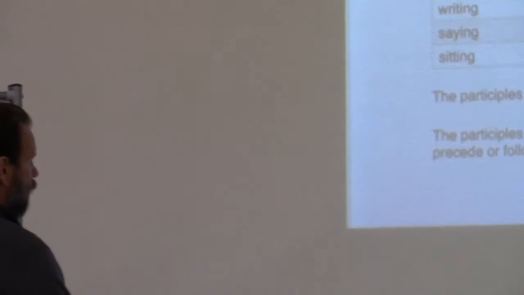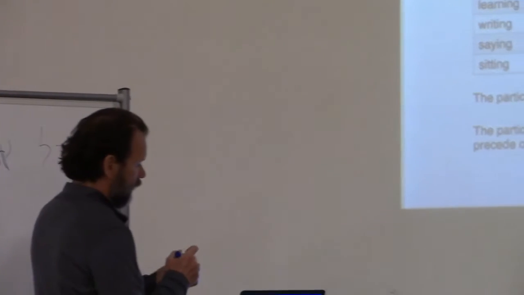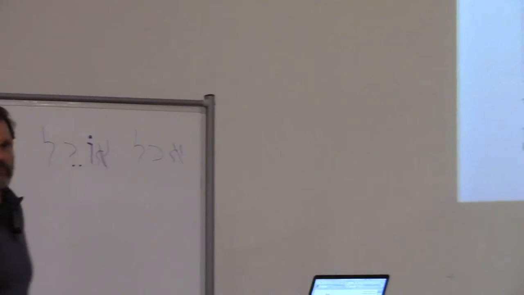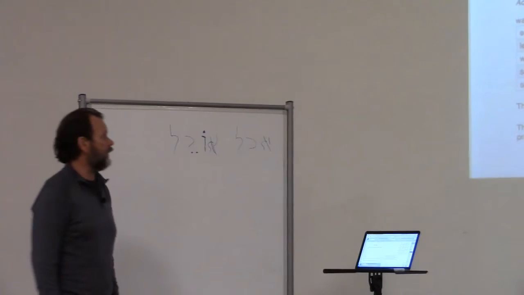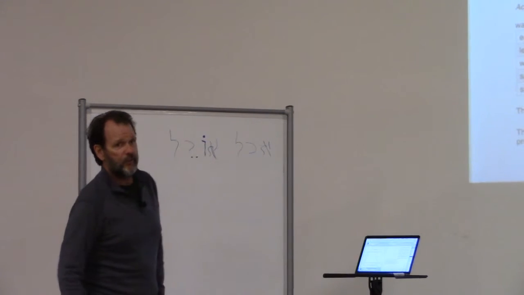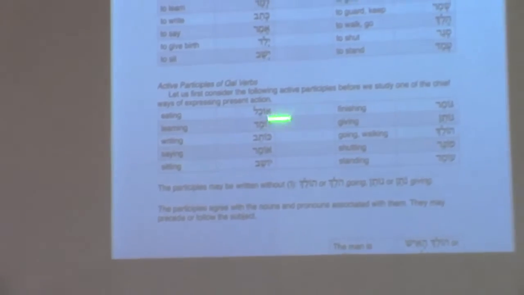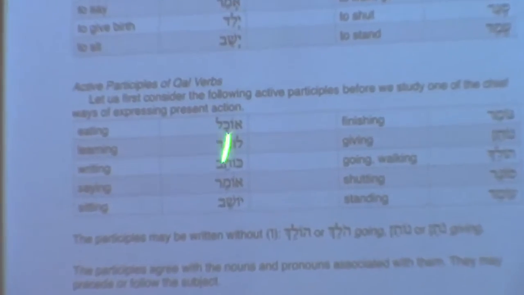That's what we're going to do with every word as we go along. That's really all this lecture is about, just learning how to do the active participle, and the best way is starting with your verb.